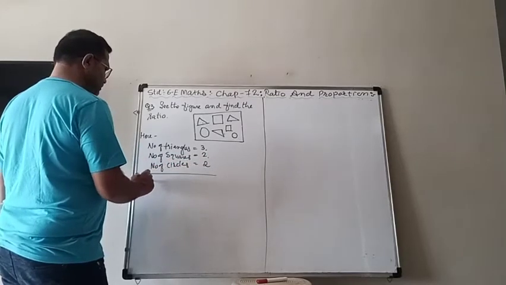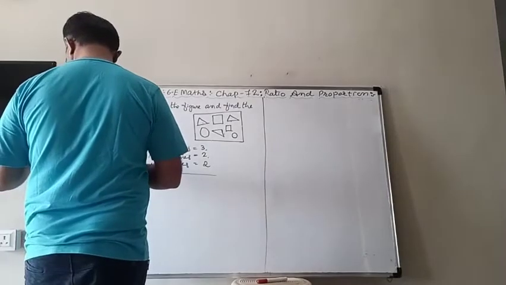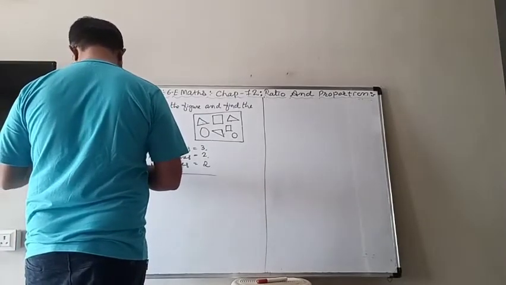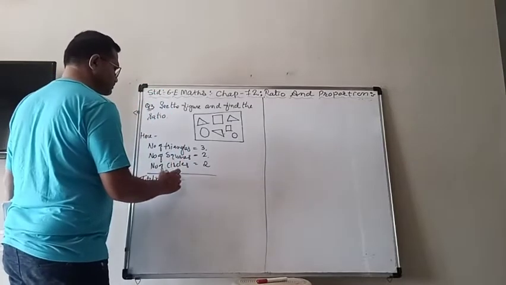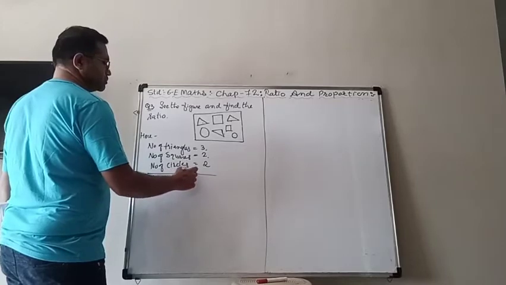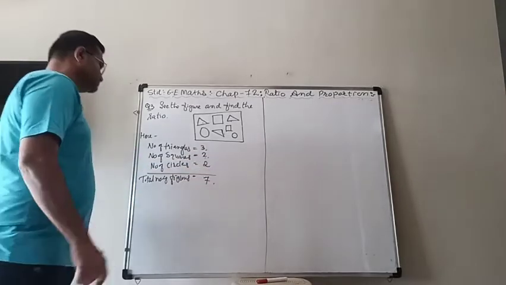So the total number of figures is 3 plus 2 plus 2, which is equal to 7.